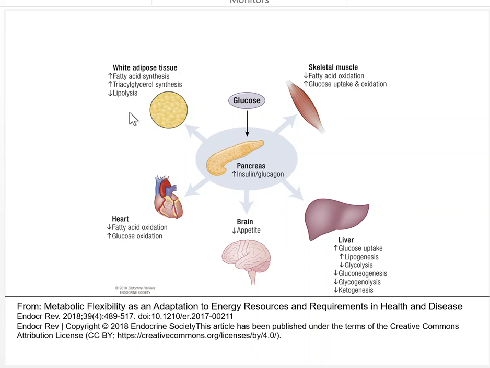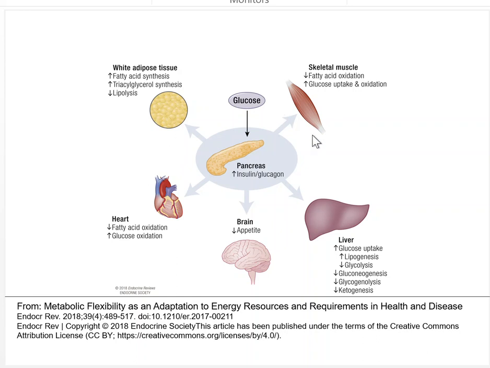So the fat deposits will increase due to the fact that there's an abundance of nutrients. This is one of the mechanisms of the development of obesity: the excess insulin to glucagon ratio will lead to excess storage of fat.